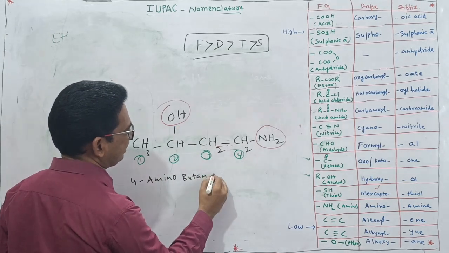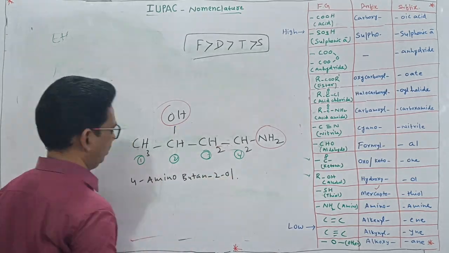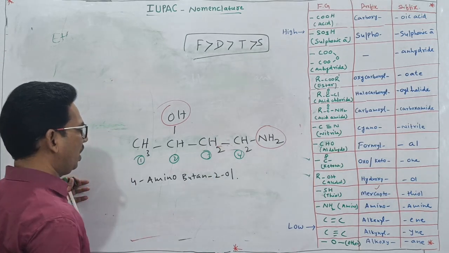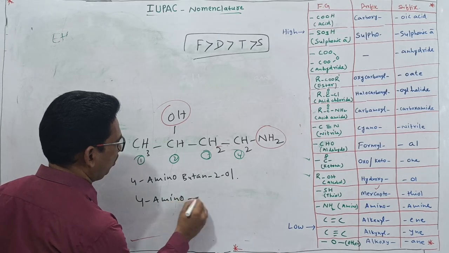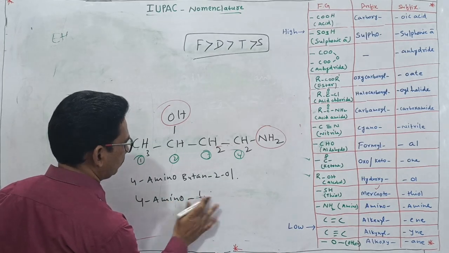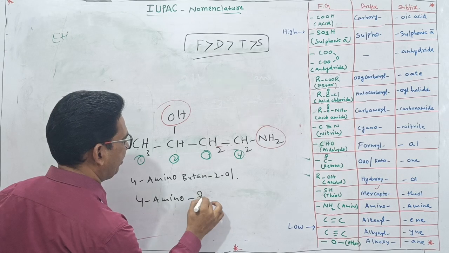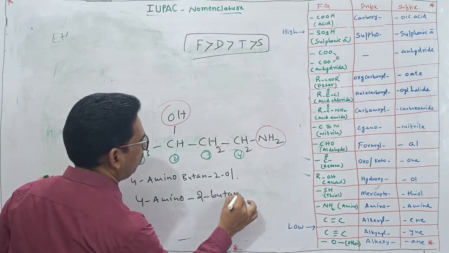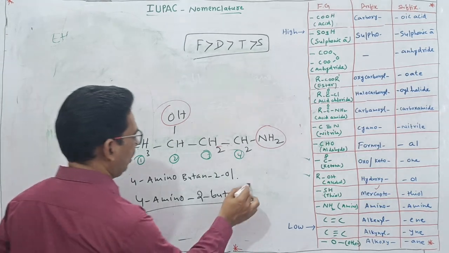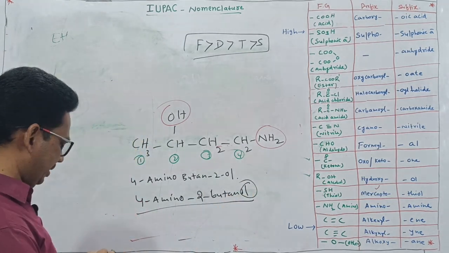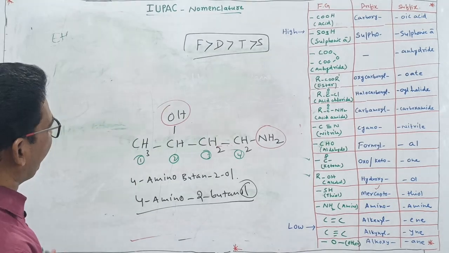This one we are writing as the suffix, 2-ol. 4-aminobutane-2-ol. Or you can write it like this also, 4-amino-2-butanol. Understand? All OL. Okay.